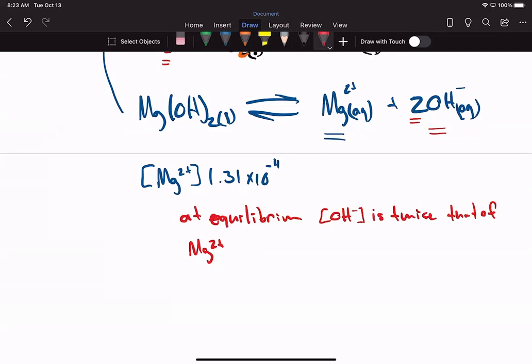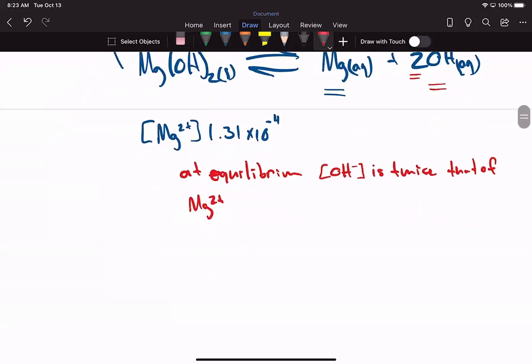So the concentration of hydroxide is equal to 2 times 1.31 times 10 to the minus 4. I don't need a calculator, it's just going to be 2.62 times 10 to the minus 4. And we now have the concentration there.